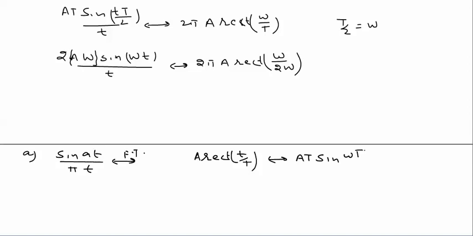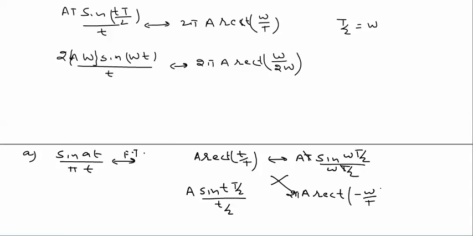Starting from A sine omega T by 2 upon omega T by 2, use duality: A sine t T by 2 upon t by 2 gives A 2 pi rect of minus omega by T. Here T by 2 is replaced with small a, so A sine at upon 2 pi t by 2 gives A rect omega upon 2a.